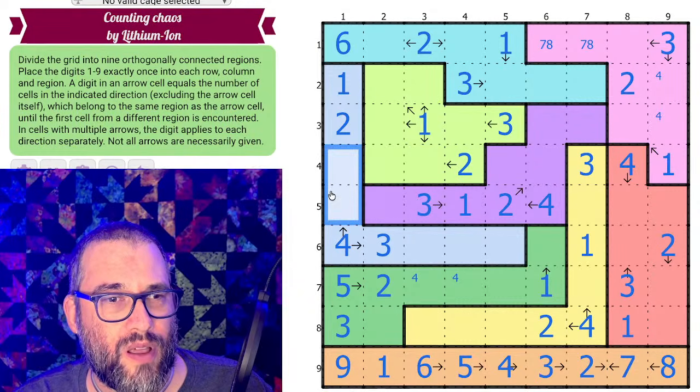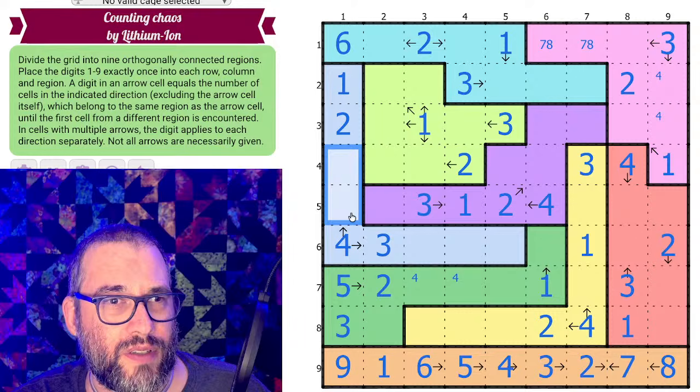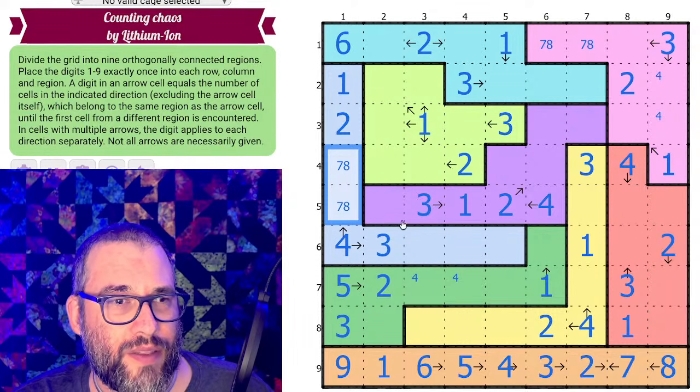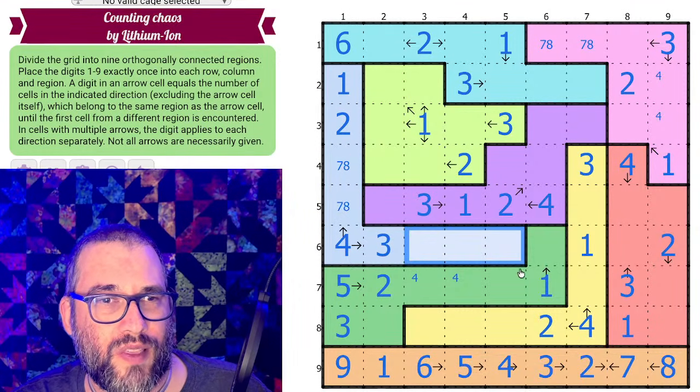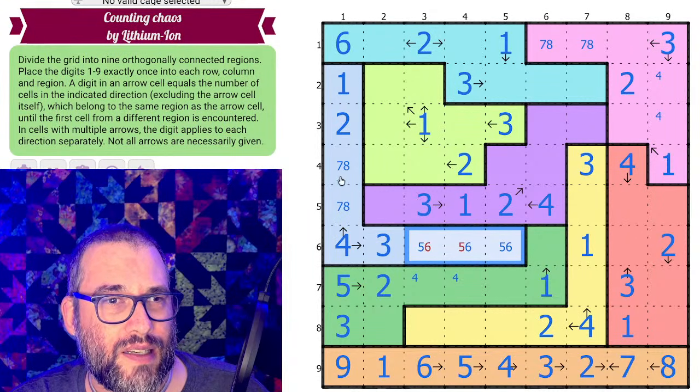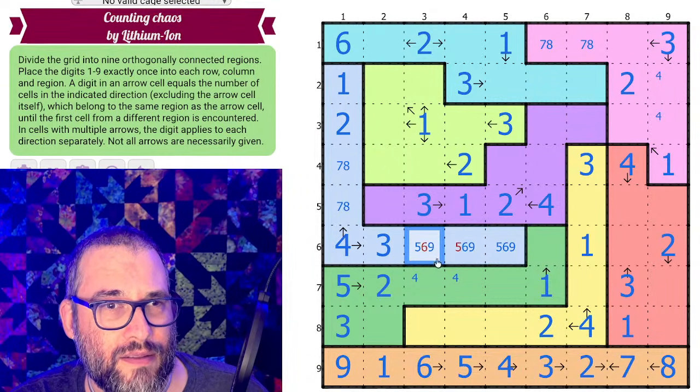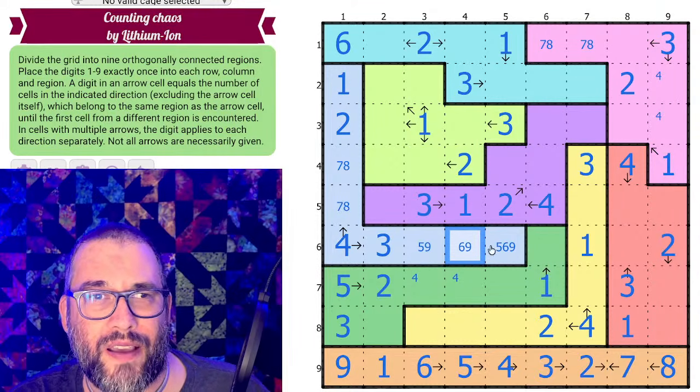What's left in the column? 2, 3, 4, 5, 6. 7 and 8 left in the column. What's left in this box? 1, 2, 3, 4, 5, 6, and 9. No 6, no 5.